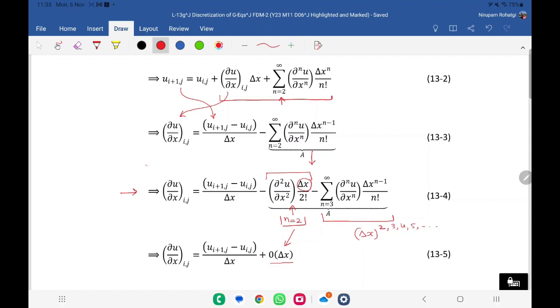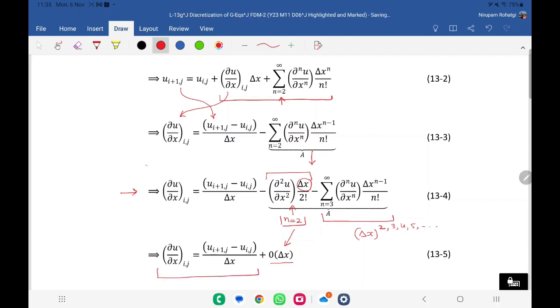When you are making a mechanical part, it can be 1 millimeter, 1 by 10 millimeter, 1 by 100 millimeter, and so on. You can go up to that accuracy. So this is the largest term which we are leaving out, because we will only talk about this.